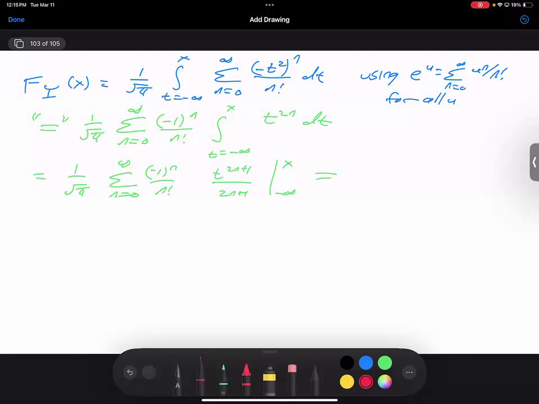So what do you get when you do the evaluation? When you plug in x, you get x to the 2n plus 1 over 2n plus 1. That's fine. What happens when you plug in negative infinity?